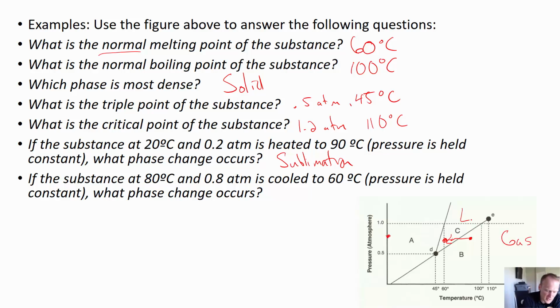That is called condensation. So you need to know the names of your phase changes because you'll have questions where I'll say if you go from here to here, what phase change is occurring. But honestly, this 12.6 is just about looking at a graph and being able to interpret it. There's a lot going on in that graph, but it's nothing you can't handle.